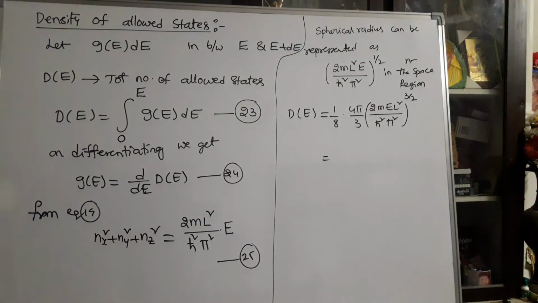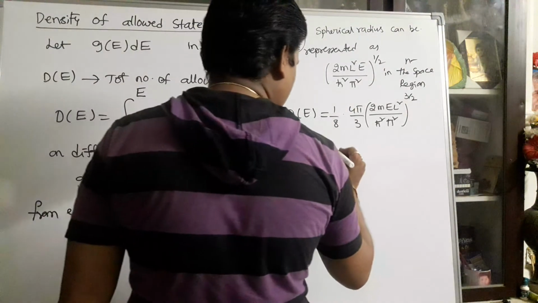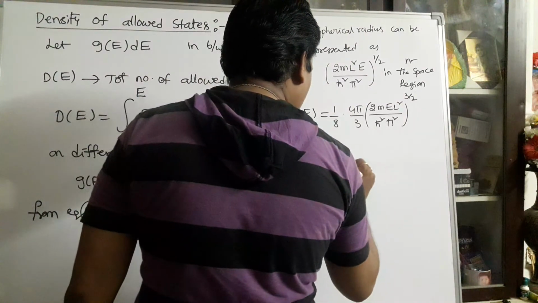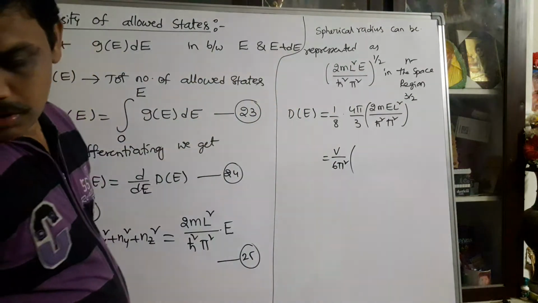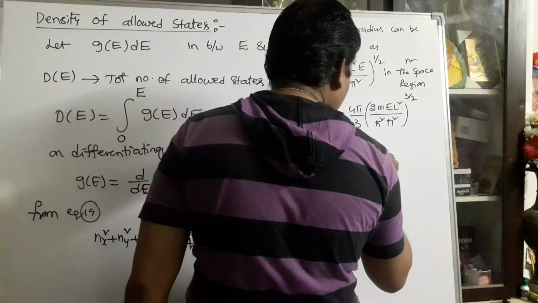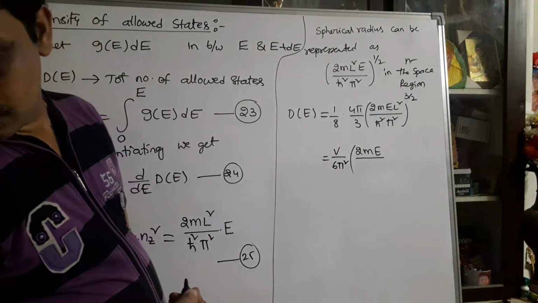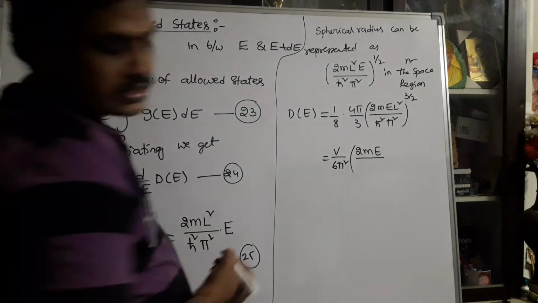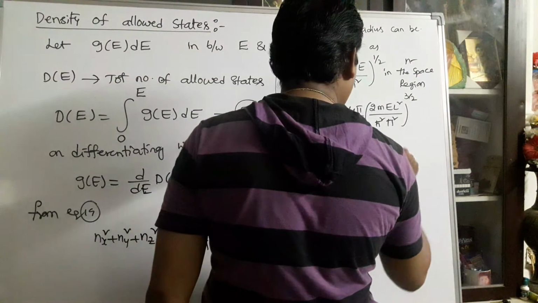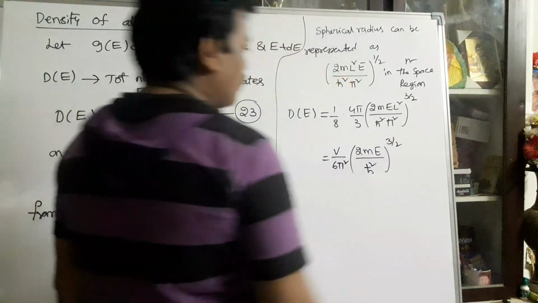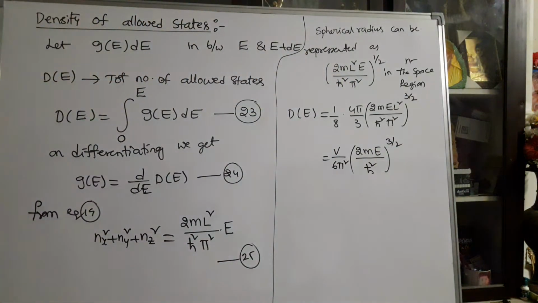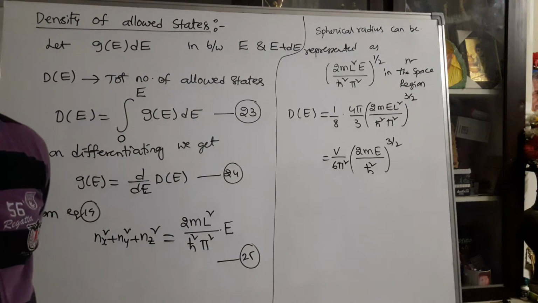V by 6 pi square into 2mE by h cut square whole power 3 by 2. So the number of states can be taken as D of E is equal to V by 6 pi square into 2mE by h cut square whole power 3 by 2.